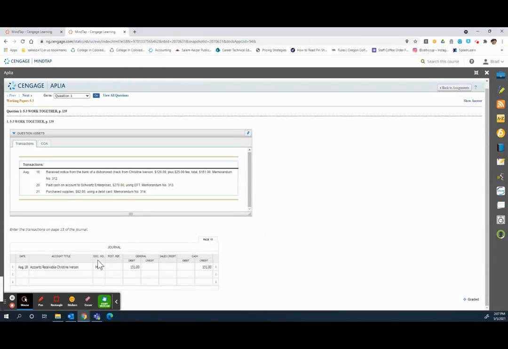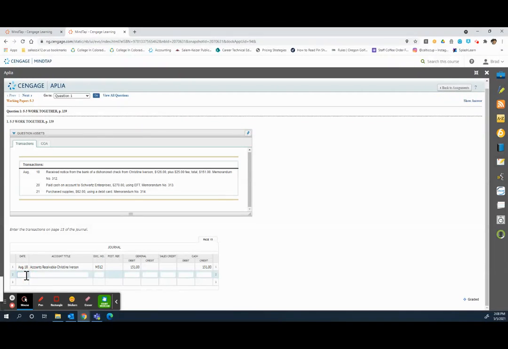So for this transaction, we are removing $151 from our account, the $126 that we originally thought we had, and then $25 which the bank charged us for a total of $151. And then we're charging Christine Iverson $151 for what she originally owed us and the $25 fee for writing us a bad check. And that takes care of a dishonored check.